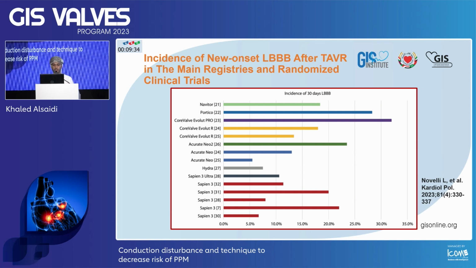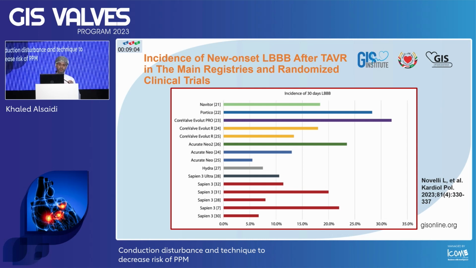But what is important is, if you look at the bottom, and take the Sapien 3 valve, just one device, multiple studies, you see the variation in the risk from something like 5 to 8% for some studies, up to more than 20% in other studies. This difference is due to different patient population, different implantation technique, and also different threshold.